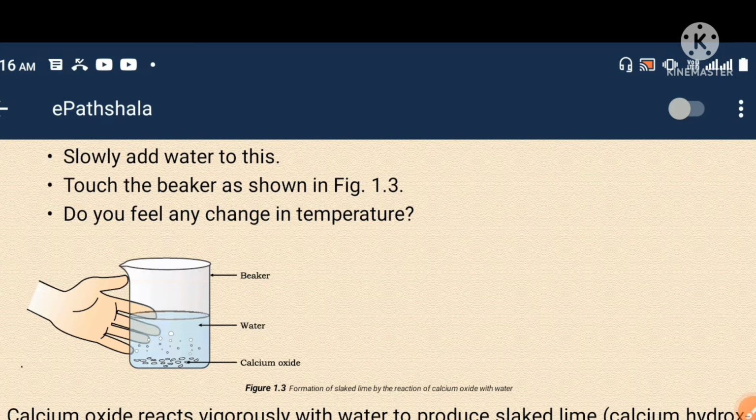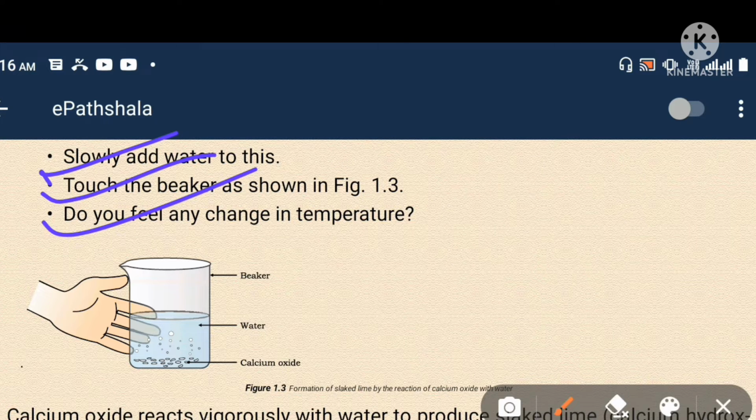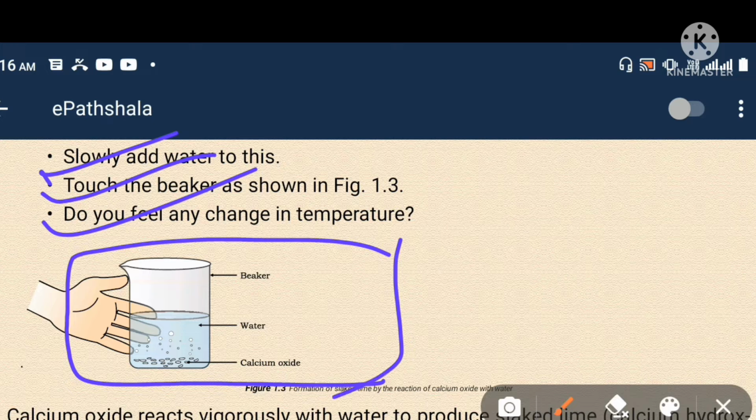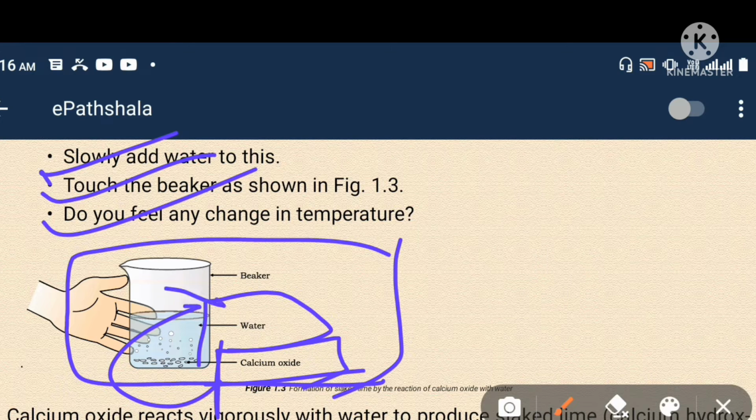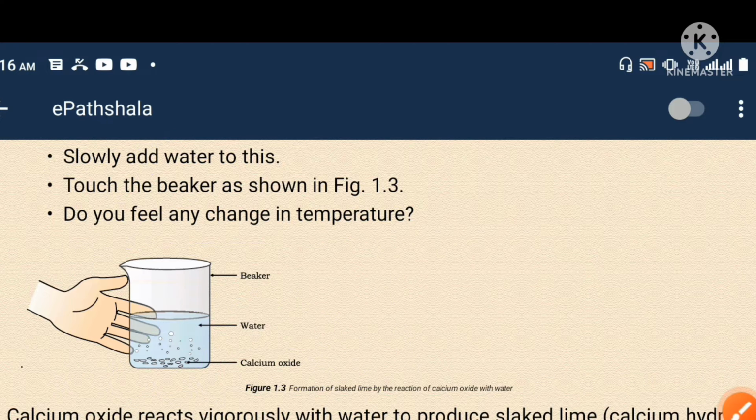First we have to take calcium oxide, slowly add water to it, and touch the beaker. What do you feel, any change? When calcium oxide reacts with water, it forms slaked lime, that is calcium hydroxide, releasing a large amount of heat. This is a highly exothermic reaction.